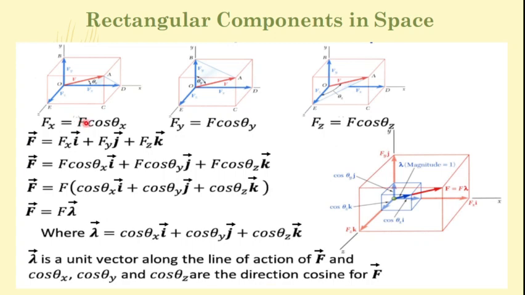If we multiply this magnitude of the total force with cos theta x, then we get Fx, and this Fx is the component of this force F in x direction.